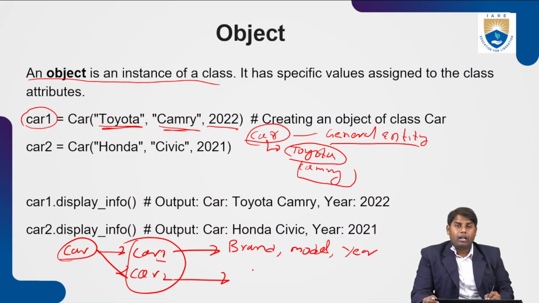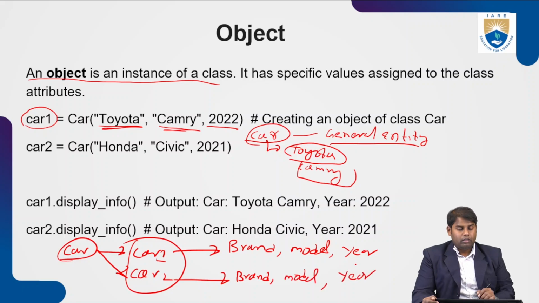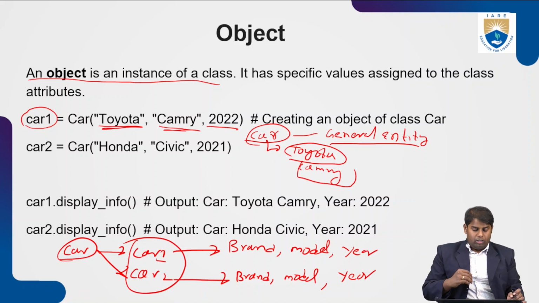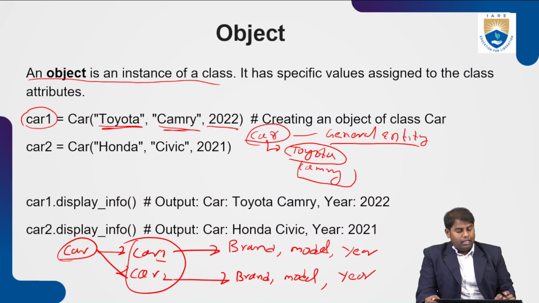Even in car 2 we have brand, model, and year. So these are the attributes of the object. Basically car 1 is object 1 and car 2 is object 2. When we write the capital CAR, this one is the name of the class. This is also the name of the class.